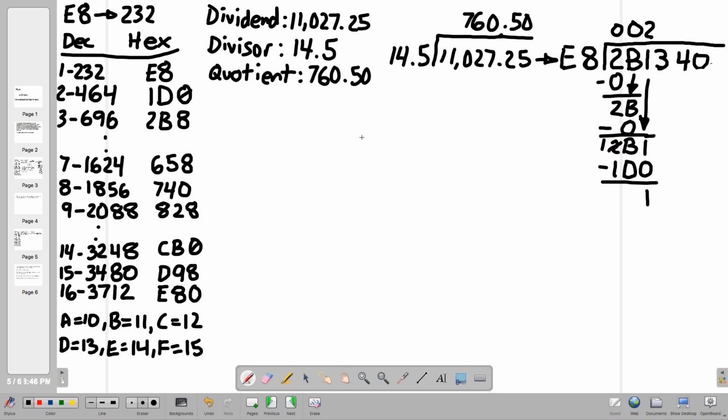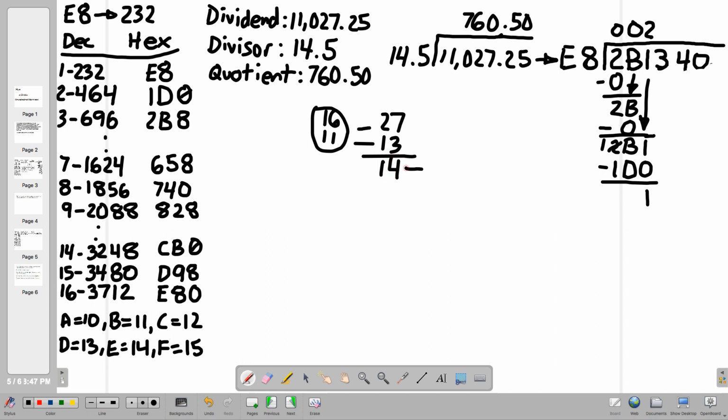When we borrowed, we added 16 to 11 because B represents 11, and that produces the value 27 minus D, but D is represented as 13. When we subtract, it gives us the value 14.